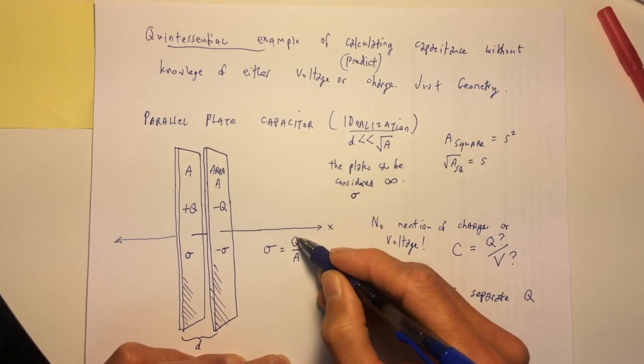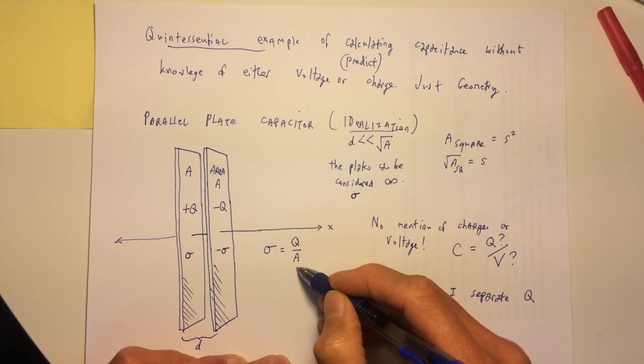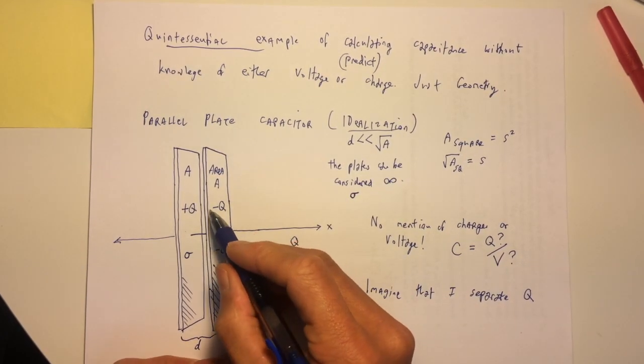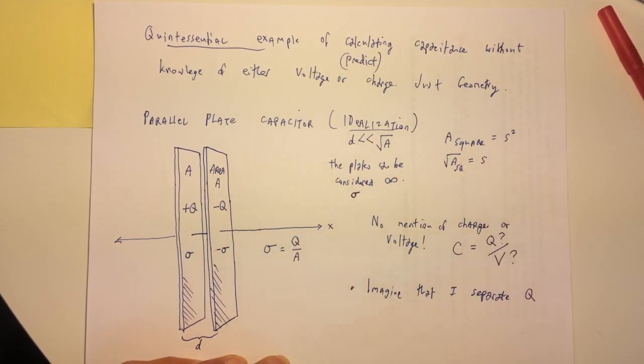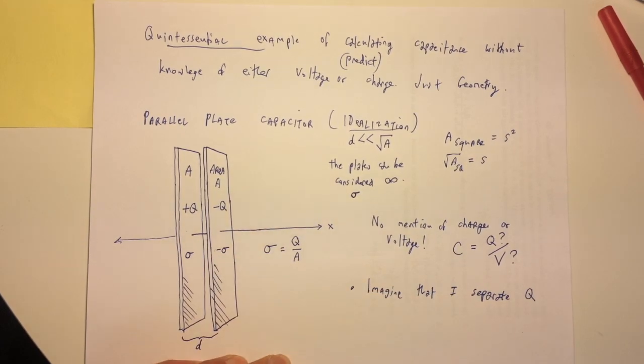We're going to imagine smearing the charge Q uniformly over the area of each individual plate. Over here, I've smeared the charge negative Q over the area A. This is what sigma is, and one of the plates has the negative version of it.